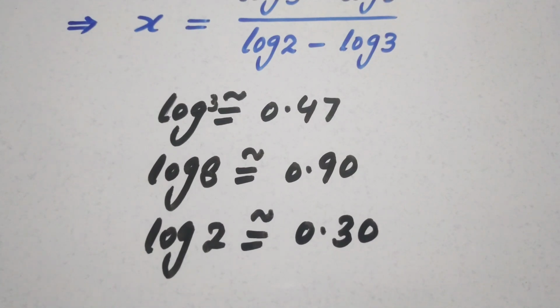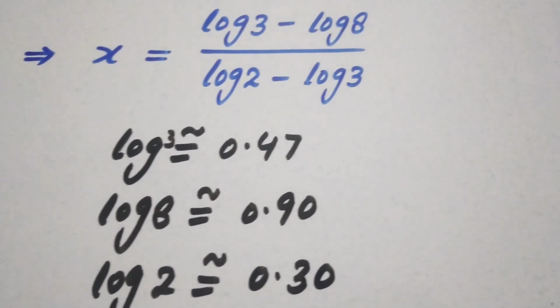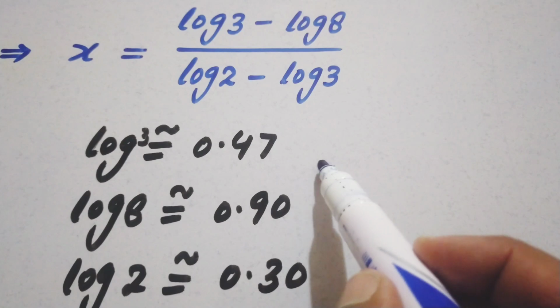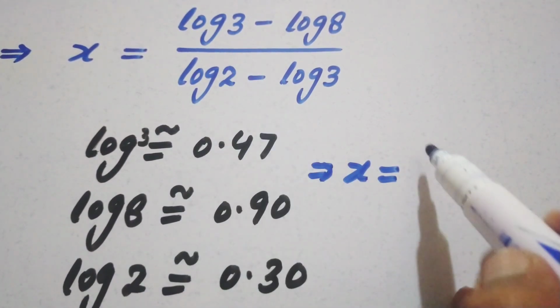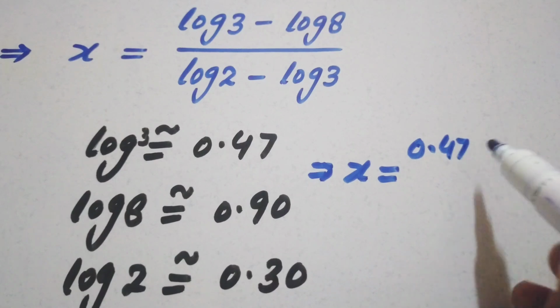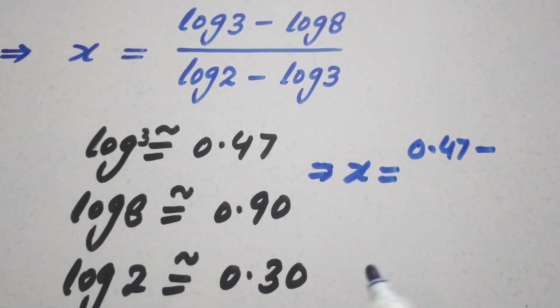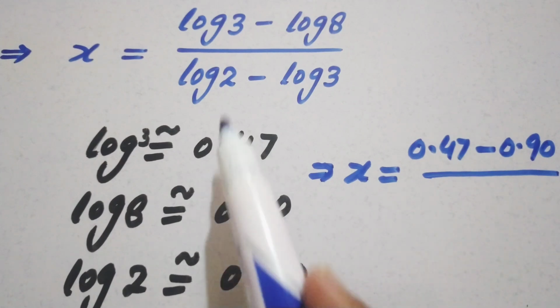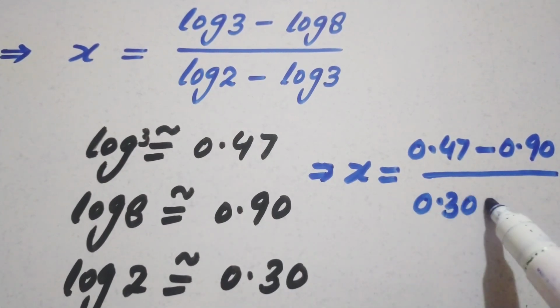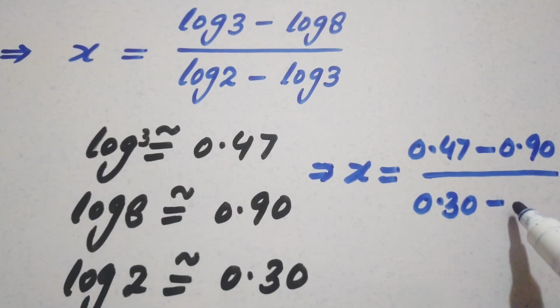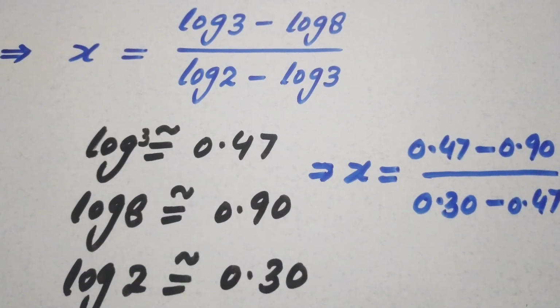Using these values in the above equation, this will become x is equal to log of 3, it means 0.47, minus log of 8, 0.90, divided by log of 2, 0.30, minus log of 3, which is 0.47.